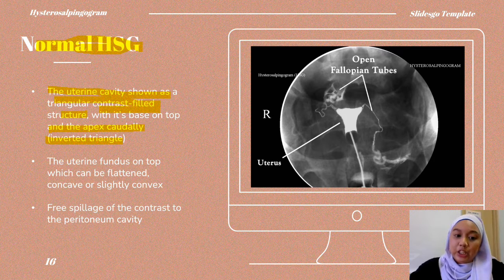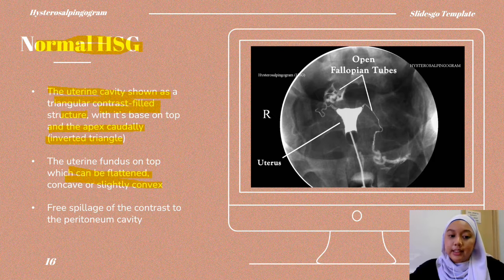And then we can see the uterine fundus on top, which can be flattened, concave or slightly convex. And then we can see a free spillage of the contrast into the peritoneal cavity. This is the spillage of the contrast into the peritoneal cavity, which indicates the fallopian tube is open.